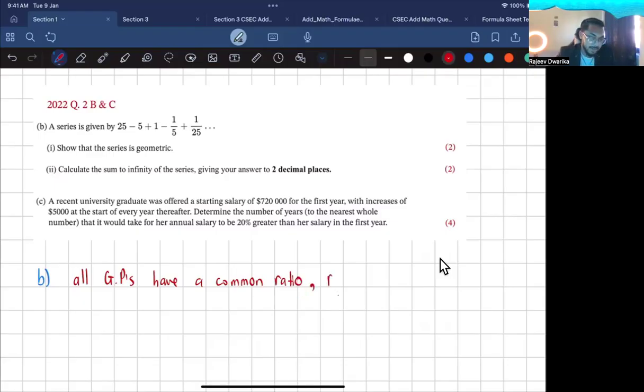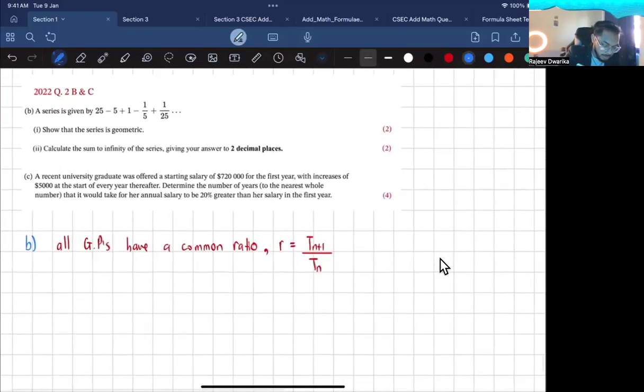Right? And Kiara, we call it r. Do you remember the formula for r? Yeah, Tn plus 1 over Tn. Right. So tell me fast, pick two terms, and then we find the common ratio. 5 minus 20, 5 divided by 25.